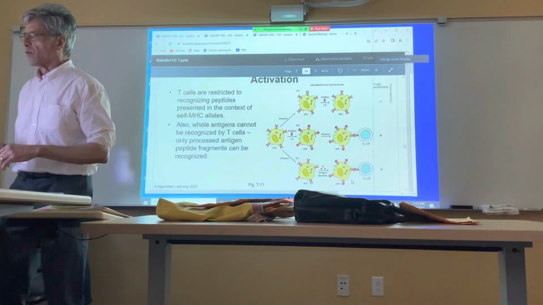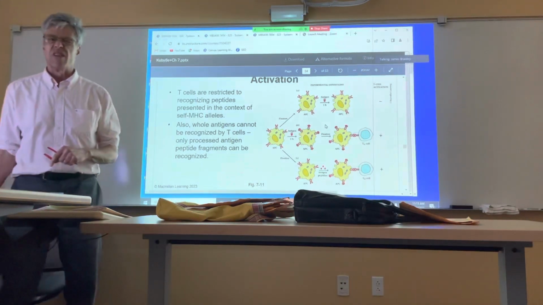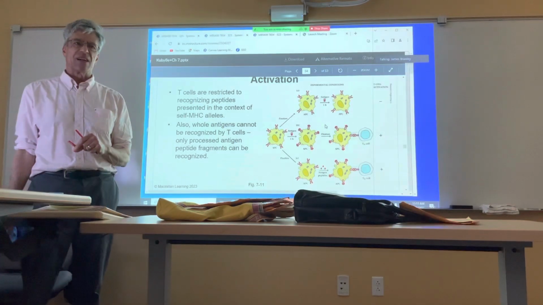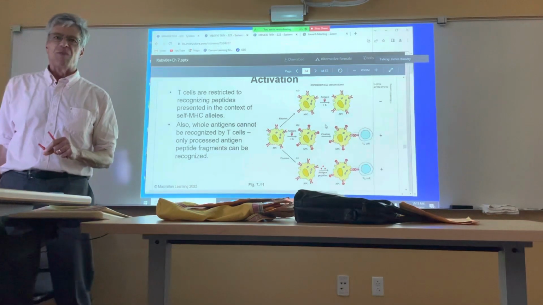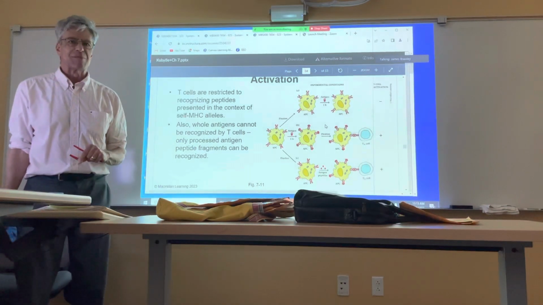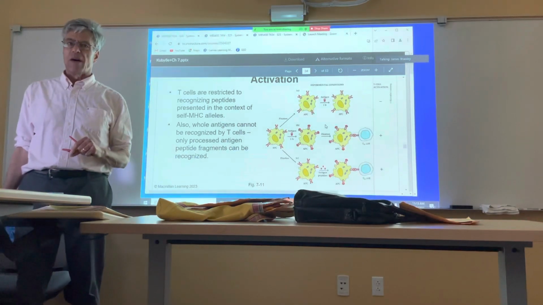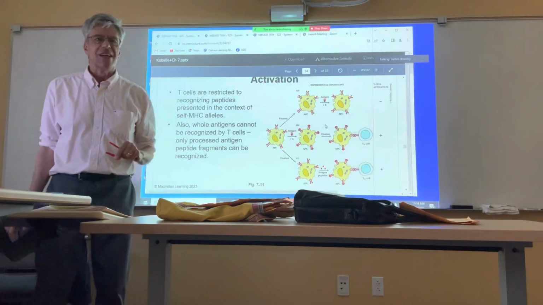But also, this begs the question, just what's going on with this antigen processing? What enzymes do it? How do they do it? So this is where the cell biologists come in, and people who are very knowledgeable about cell biology. You might recall that from your class.